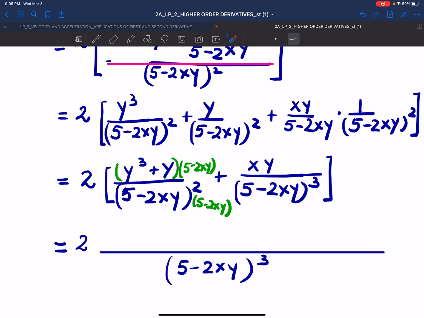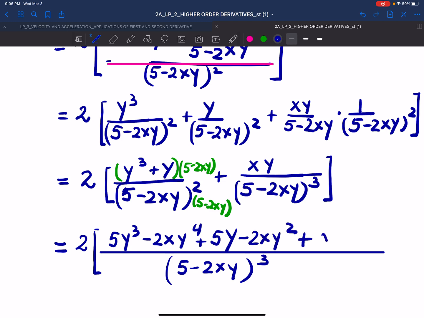We can expand this. That would be 5y to the 3. And then minus 2xy to the 4 here. And then plus 5y. And then minus 2xy squared. And then plus the xy, so this xy here.